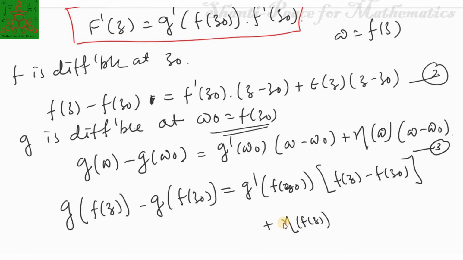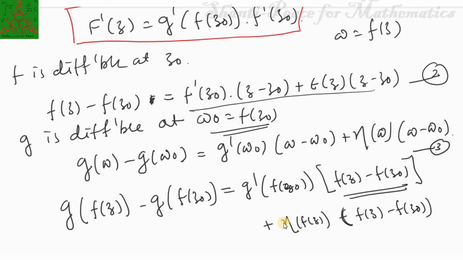times f of z minus f of z0. But what is this f of z minus f of z0? Due to 1 we have this. So let us write down that value here and take common this quantity from that.